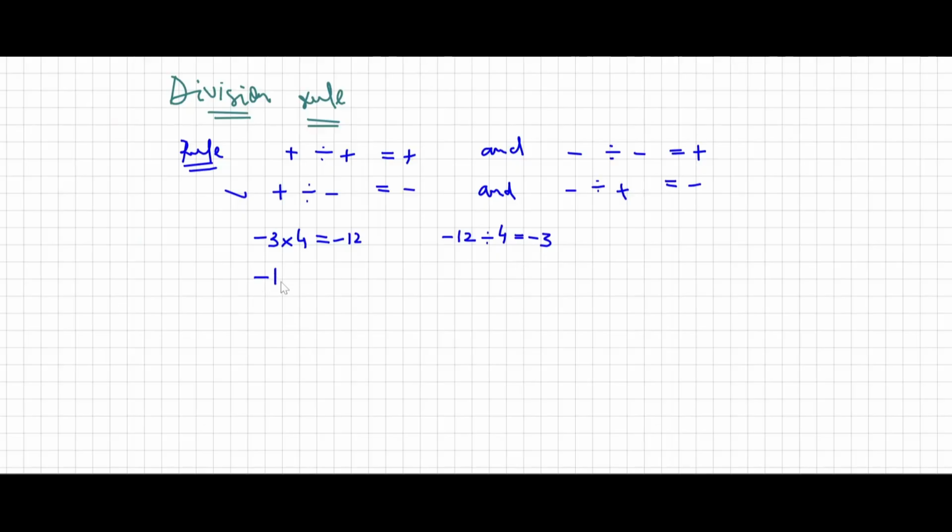And minus 12 divided by minus 3, let me do it properly, it will give you a 4. So for complete multiplication and division, we can write both, but I don't think it is important. You can see both now. So I think this is one important rule.